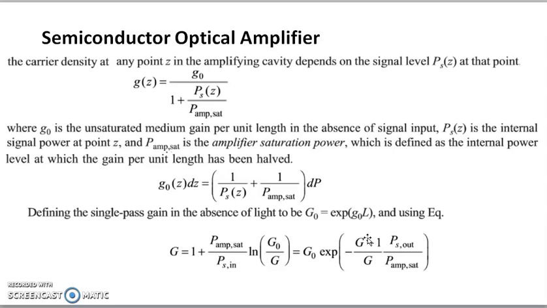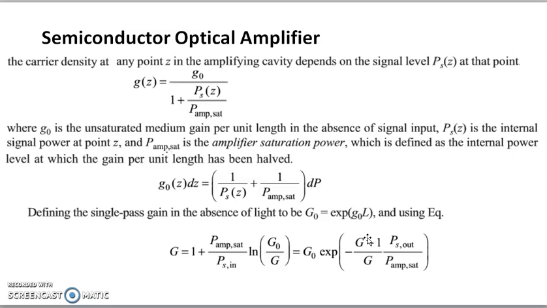So the overall gain at any point, from the given power PS(z) at that point, can be found: G(z) is equal to G0 by 1 plus PS(z) by P amplifier saturation, where P amplifier saturation is the amplifier saturation power.